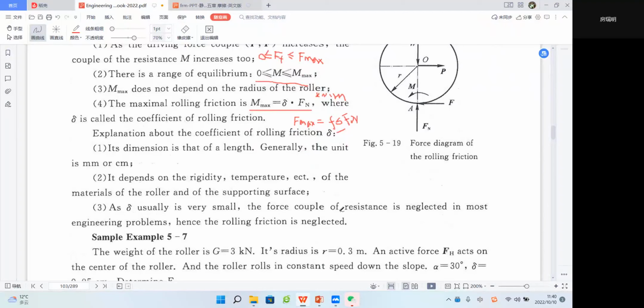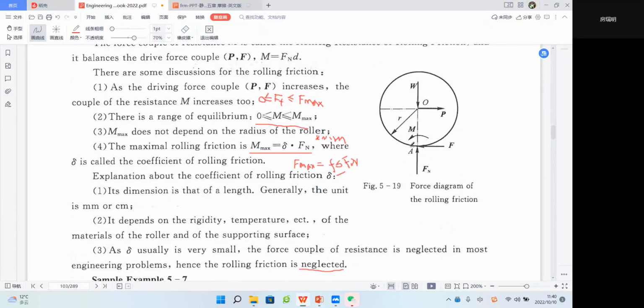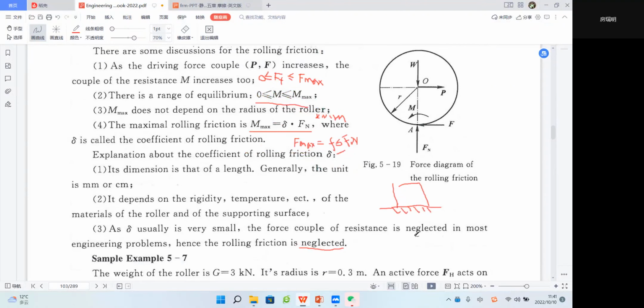The resisting couple is neglected in most engineering problems. Hence, the rolling friction is neglected, especially when the shape is not a cylinder or a ball, but a box like this. In this case, the so-called rolling resistance is always neglected.